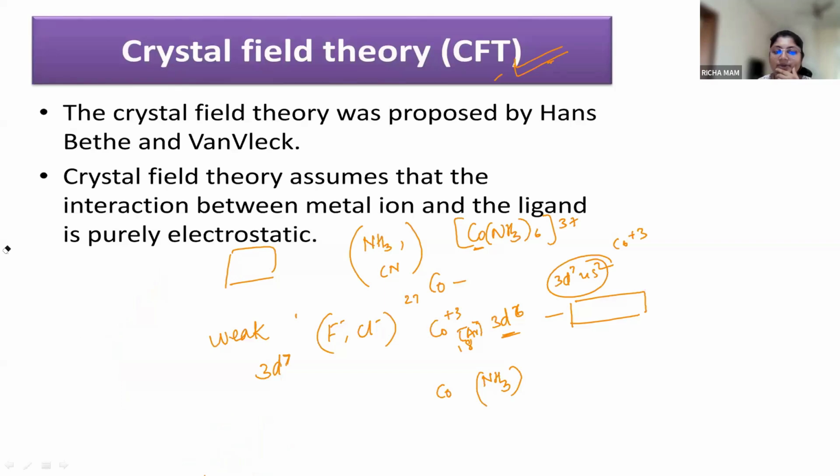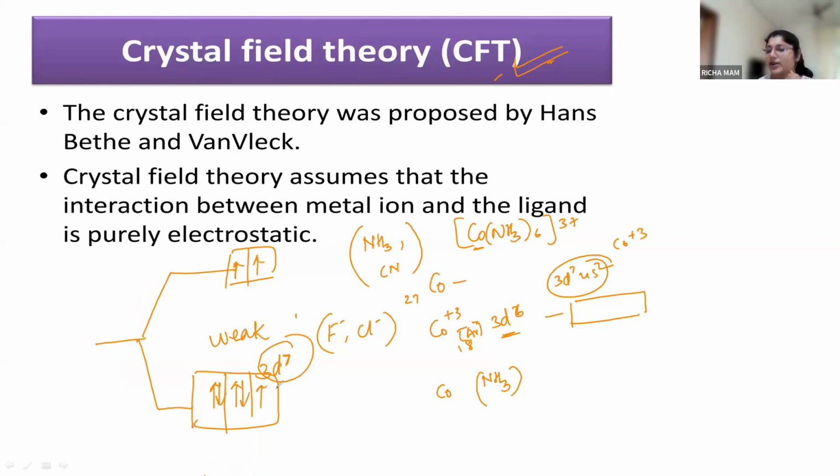So if there are 3d7 electrons again, 1, 2, 3, 4, 5, 6, 7, electron pairing does not take place, because the distance between the t2g and eg orbitals is less. So remember this: under the influence of strong ligands electron pairing takes place, and whenever you have weak ligands, electron pairing does not take place.